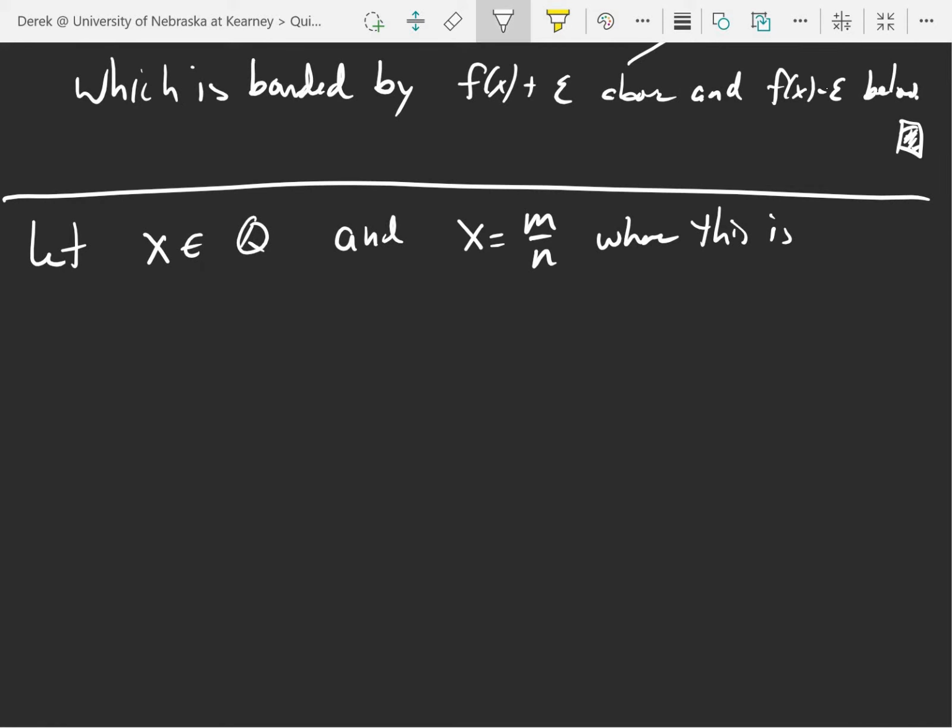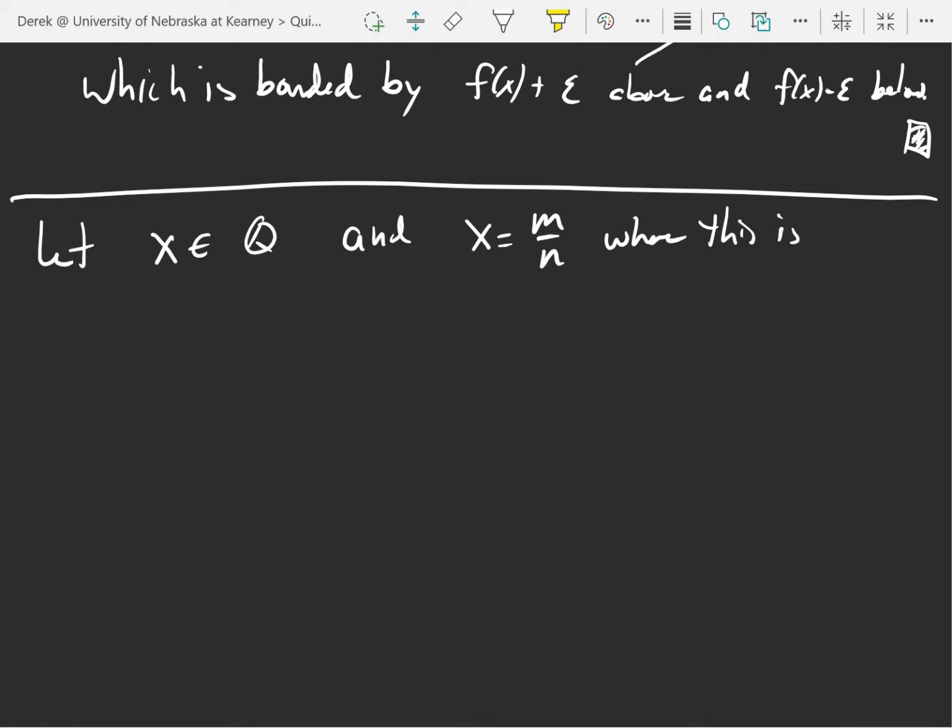I have made there be no common factors in m and n, i.e. the GCD of m and n equals 1. So I can't take out any other factors from the numerator and the denominator. Okay.